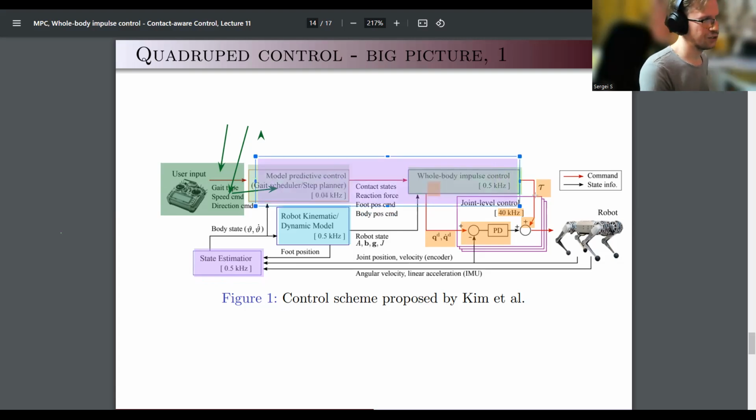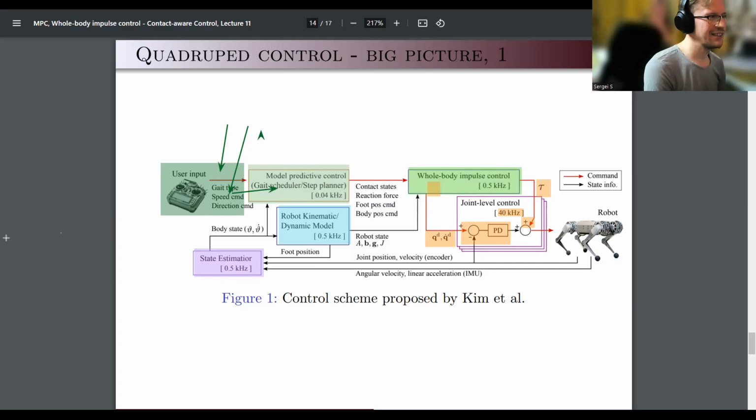For model predictive control, for what here was done as a whole body impulse control. So it's interesting. There are possibilities, but state estimation we didn't cover basically because it is complicated as a thing in itself. But the work there is successful, very interesting.